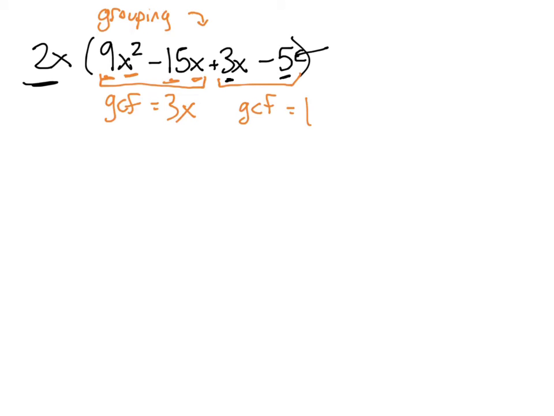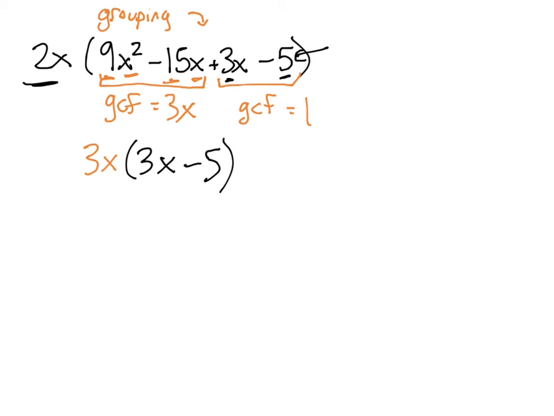In our first group, if we divide by 3x, we're going to divide the coefficients by 3. 9 divided by 3 is 3, and when we divide x squared by x, we're left with x. From the second term, negative 15x, if we divide that by 3, we get negative 5, and the x cancels out.